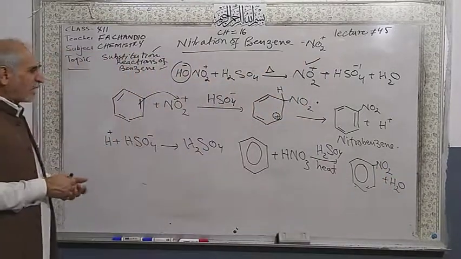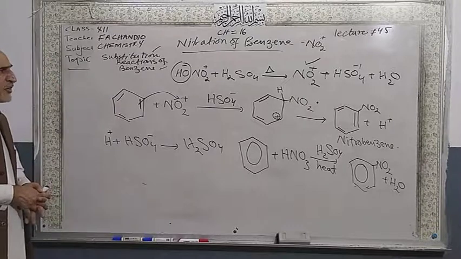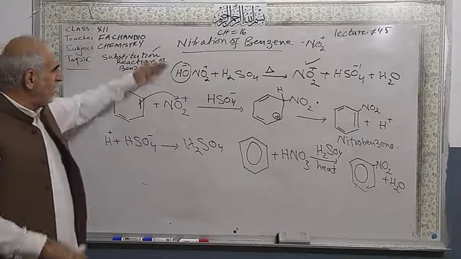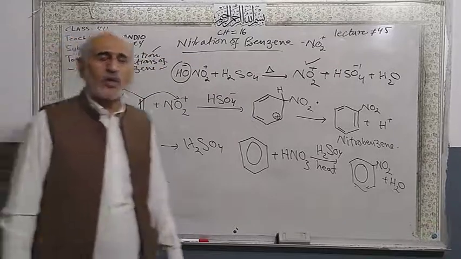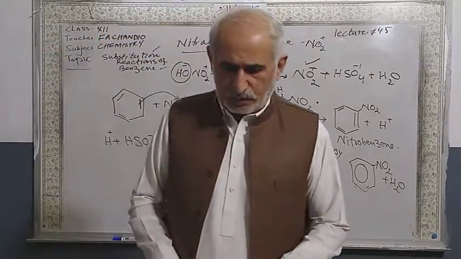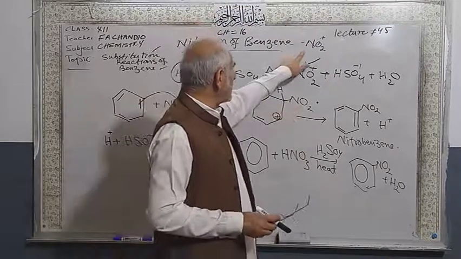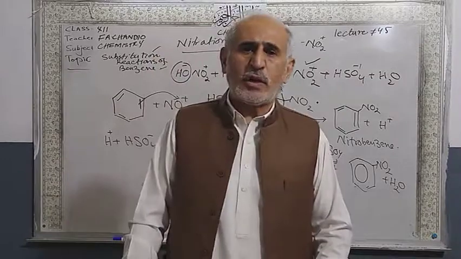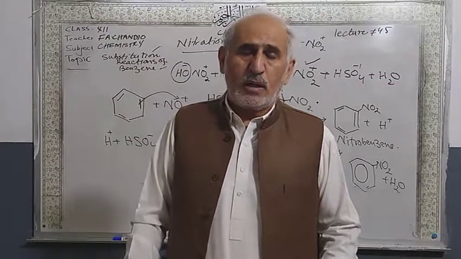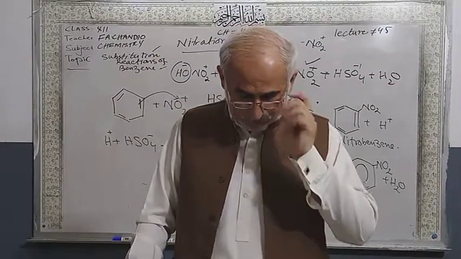This is the one-step reaction for the nitration of benzene, and these steps show the mechanism. This nitro group is used as a powerful electrophile for the nitration of benzene.